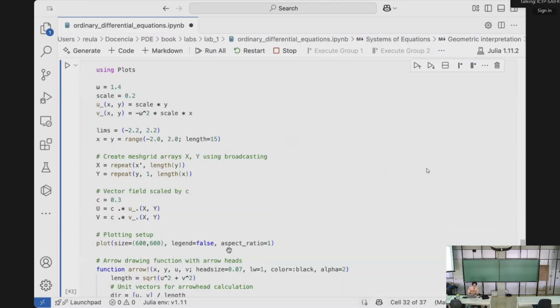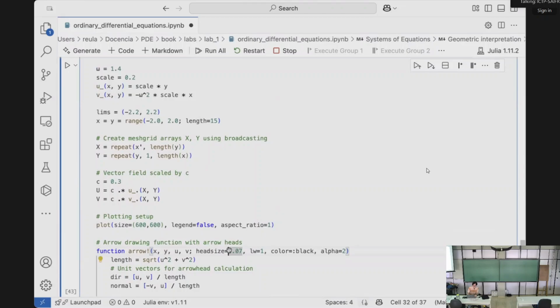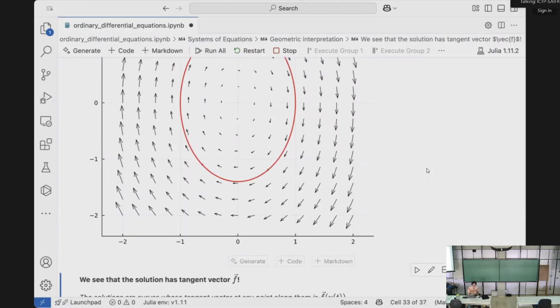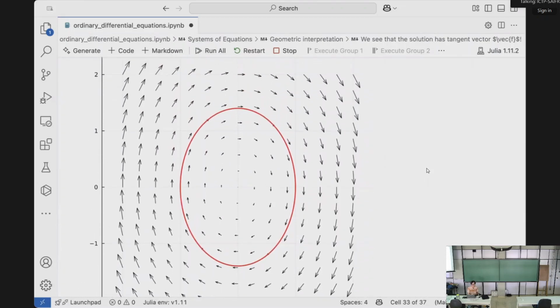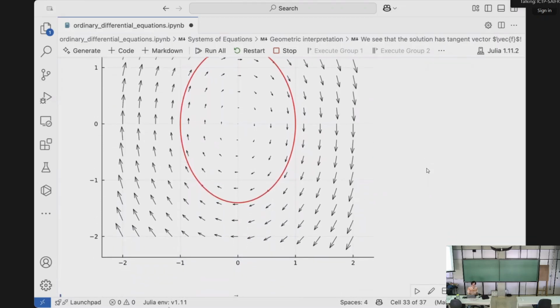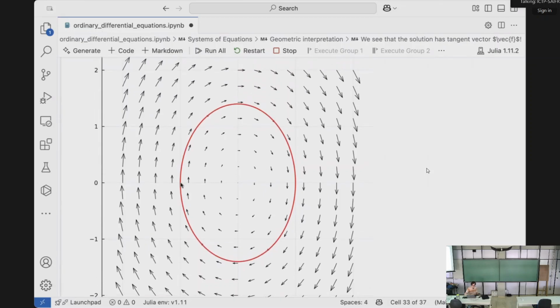And let's try to see some geometric interpretation of what's going on. Just ignore the code. What I am interested in is the graphic of what we are seeing here. So in this direction, imagine that we have x, and in this other dimension we have y. Each arrow represents the value of f.